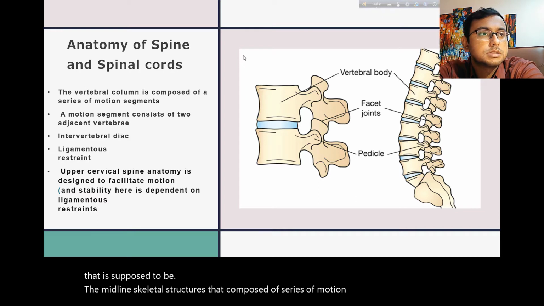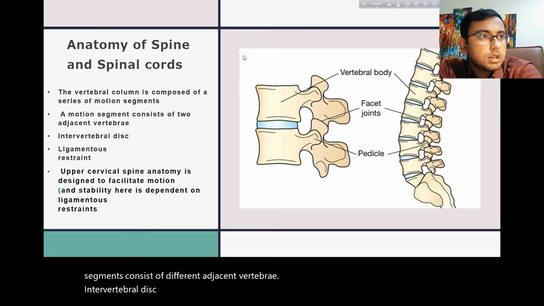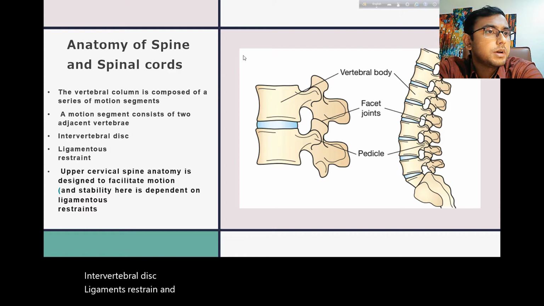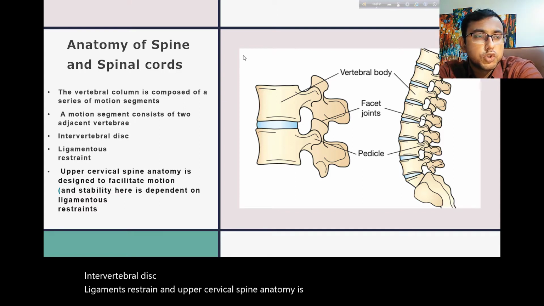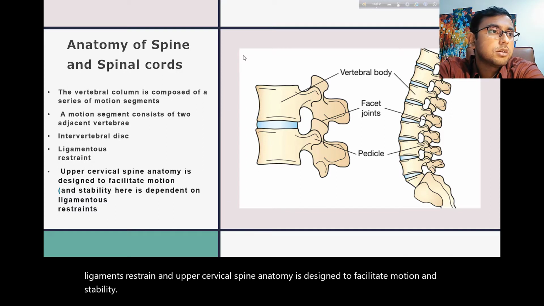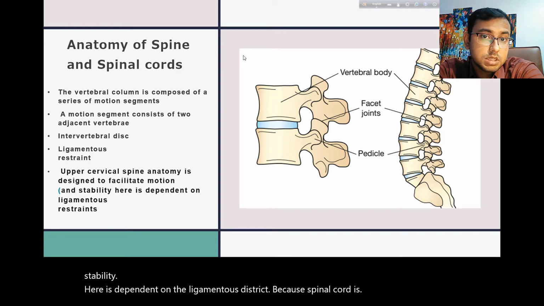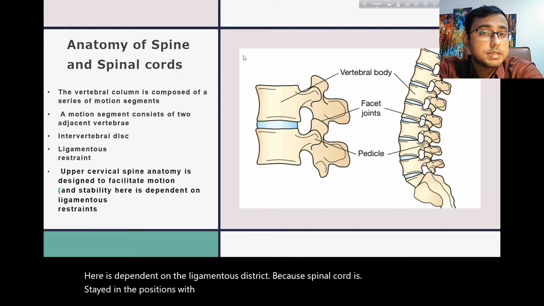The motion segments consist of adjacent vertebrae, intervertebral discs, and ligaments. The upper cervical spine anatomy is designed to facilitate motion and stability, and it is dependent on the ligaments' restraint because the spinal cord is held in position by some ligamental supports.